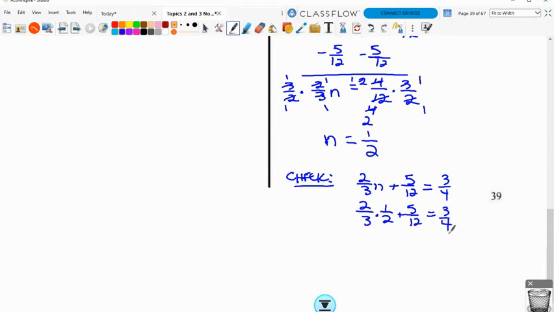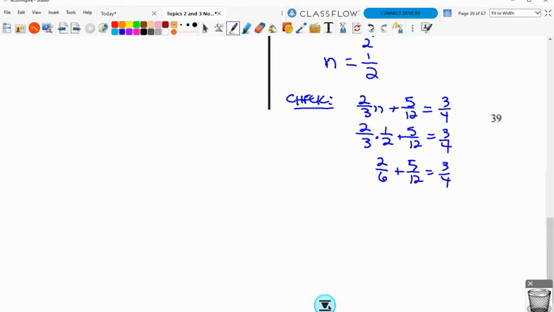Okay, I have 2/3 times 1/2, which is going to be equal to 2/6 plus 5/12 equals 3/4. And now I'm going to add 2/6 with 5/12. Remember, I need to have common denominators. 6 and 12ths, I'll use 12ths. So 2/6 is 4/12 plus 5/12 equals 3/4.